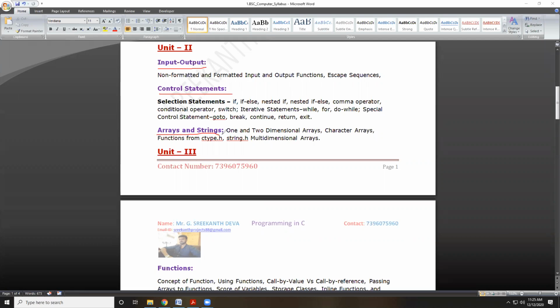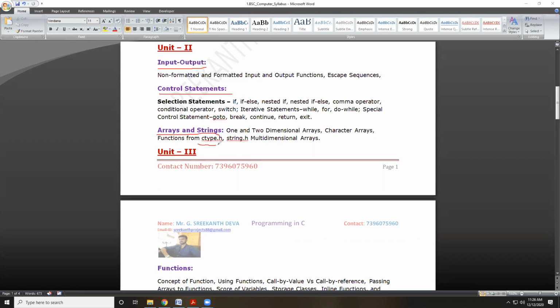Coming to programming, especially in C, we use some inbuilt files. Those are called header files, with the extension .h. ctype.h is a header file.